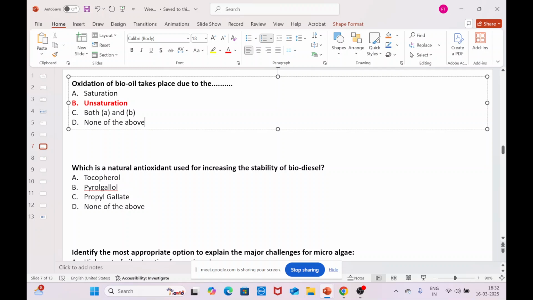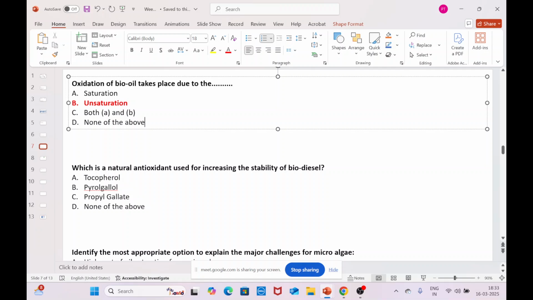Next question is, which of the following is a natural antioxidant for increasing the stability of the biodiesel? Stability is basically of three different types: oxidation stability, thermal stability, and storage stability. Biodiesel is susceptible to oxygen and other interventions from the atmosphere, so its properties degrade over a period of time.